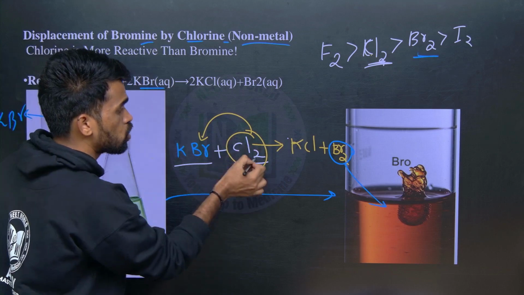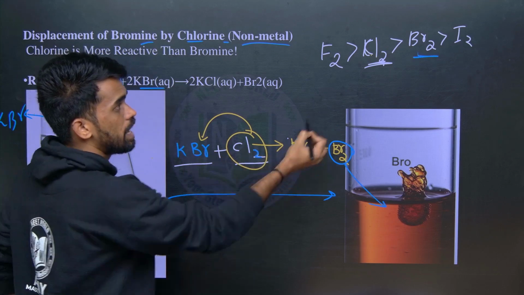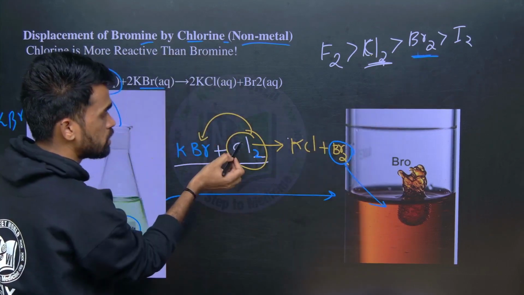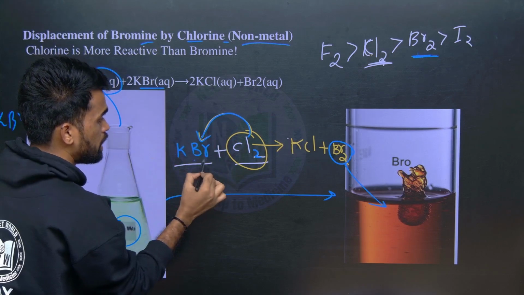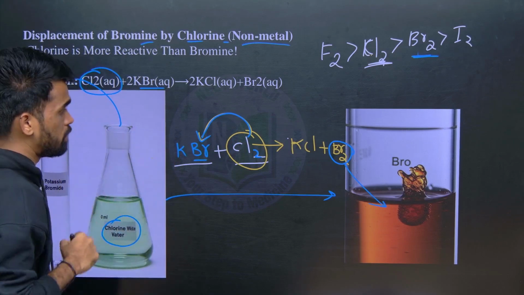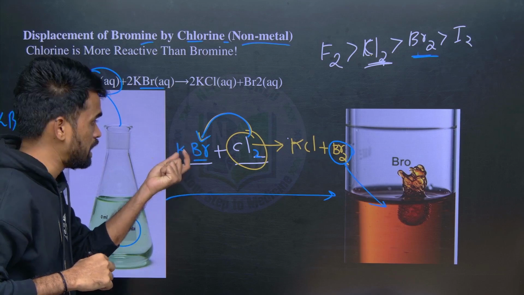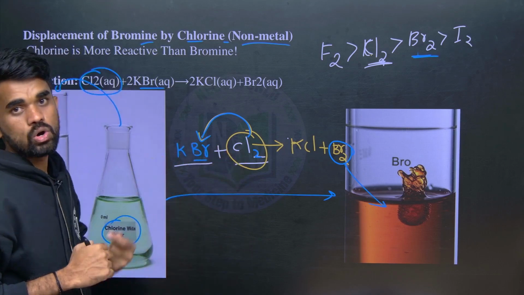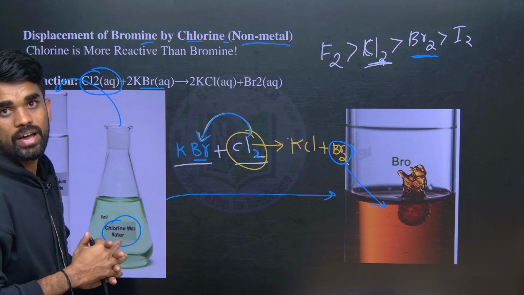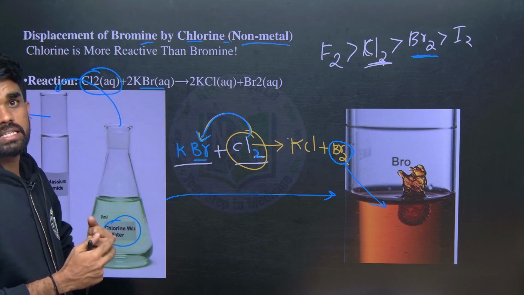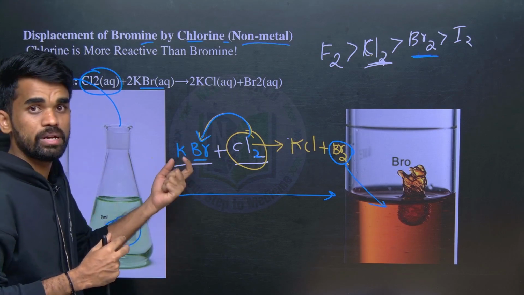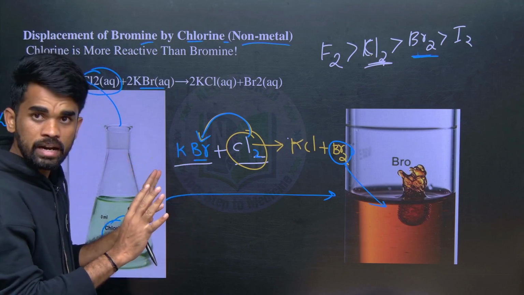Because we know chlorine Cl2 is more reactive than bromine, this Cl will displace the Br minus from its solution, because Br minus is much less reactive than chlorine. This is the reason. I hope it is clear, because a more reactive element will displace a less reactive element from its solution, right?